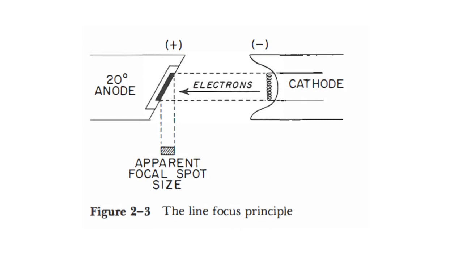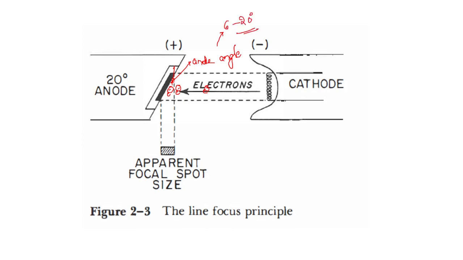Now, when these electrons bombard the target, the anode is inclined at an angle, and this is called the anode angle. This anode angle differs with different types of tubes, and may vary from 6 to 20 degrees.